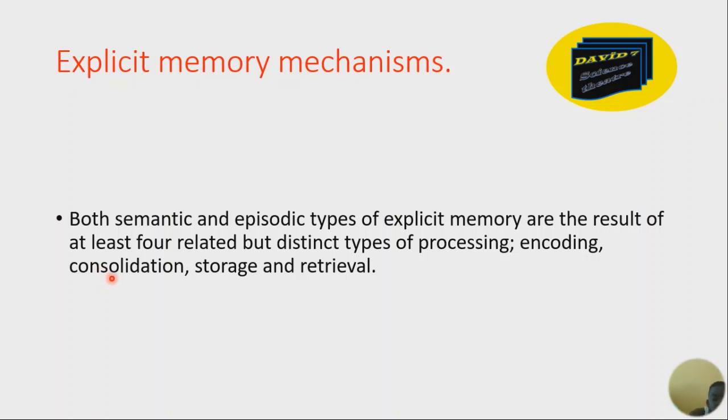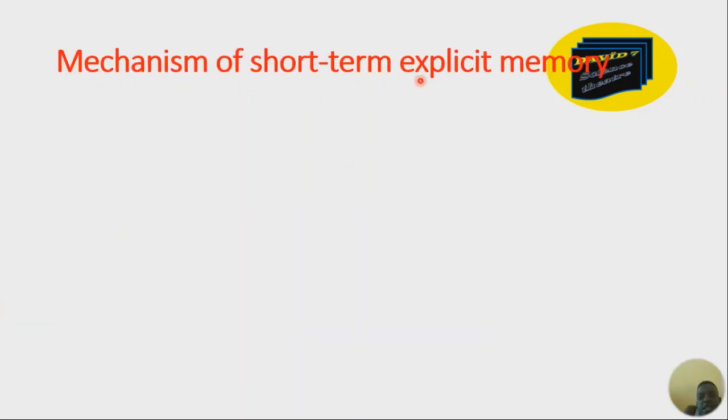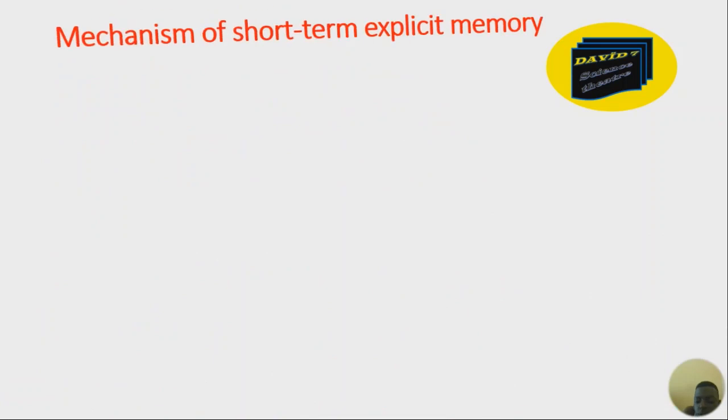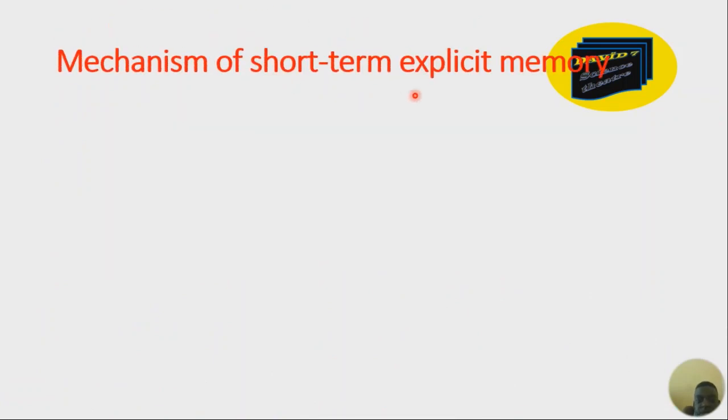Those four processes take place to cause the mechanism of short-term explicit memory. So encoding, consolidation, storage, and retrieval. When we come to this side, we'll talk about short-term explicit memory.